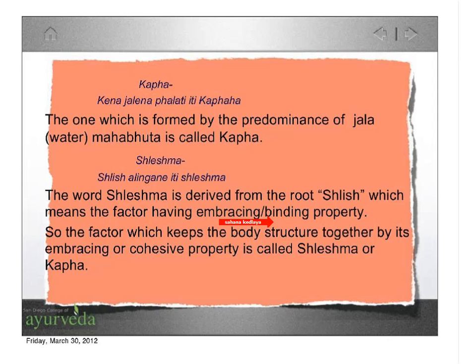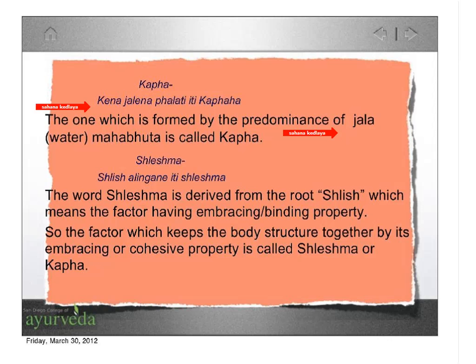So it is the water element which gives the main characteristic of Kapha, the binding property, and that is the reason why they concentrate more on the Jala Mahabhuta in the formation of Kapha. No doubt, the earth element is also present in Kapha along with Jala, but it is the water element which gives the main property of Kapha as a binding or embracing character.